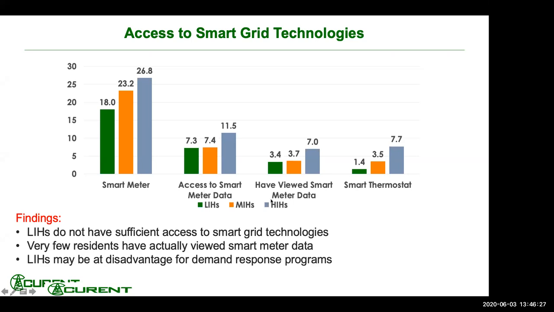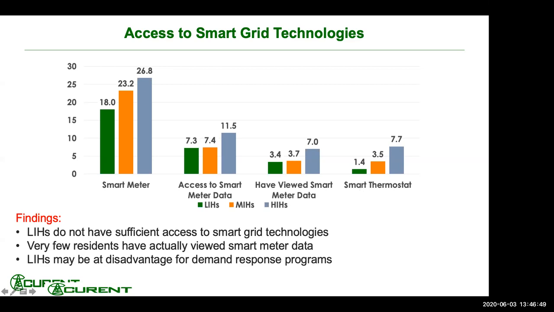Also, they have a lower percentage of access to smart meter data. Do they have a smart thermostat? Low-income people have fewer smart thermostats, so they can't save energy as fast.